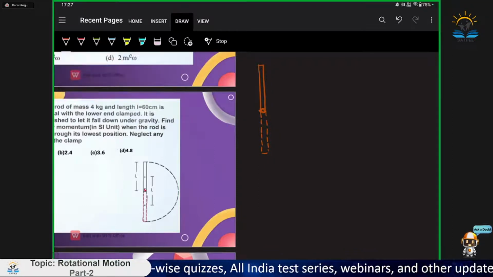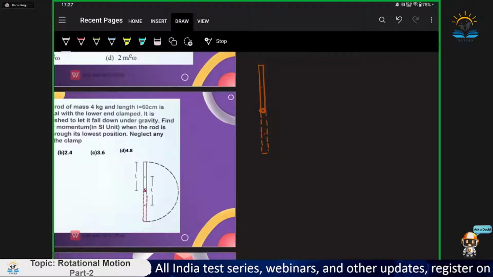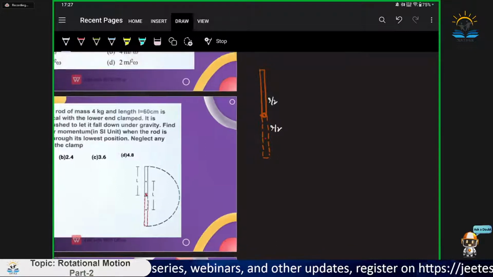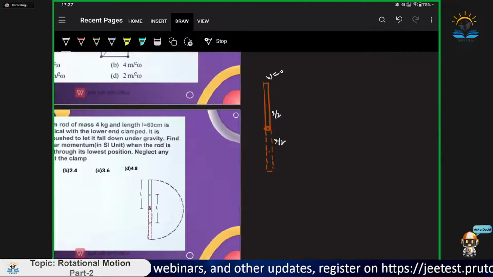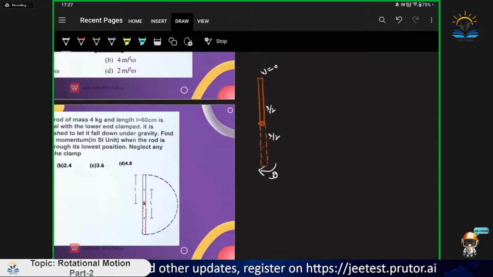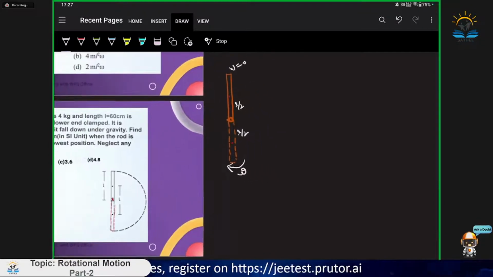This is the center of mass of the rod. The length of the rod is L, so the center of mass is L by 2 from the hinge. Here omega is 0 because initially it is at rest, and here it will have some angular velocity. So by the energy conservation theorem, what can we write?